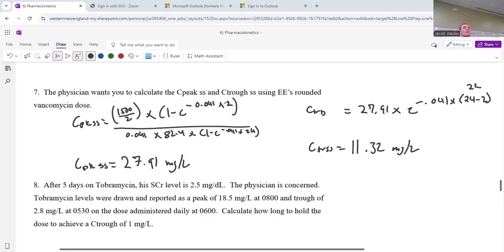Does 48 to 6 make sense? I think your trough is going to be too low if you do 48. Let me know. All right, we good to move on? Any questions on Zoom?